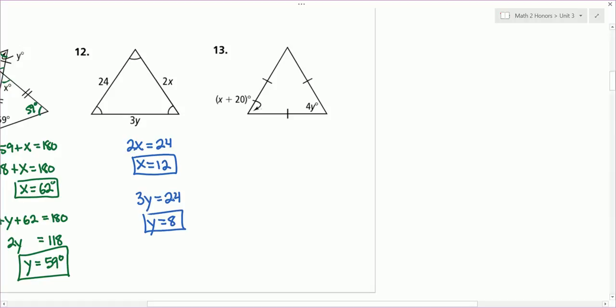Equilateral triangles is 60, 60, 60. 60 plus 60 plus 60 adds up to 180. So all my angles are equal to 60 degrees. So that x plus 20 is equal to 60, giving us x is 40. And the 4 times y is also equal to 60, giving us y equals 15.